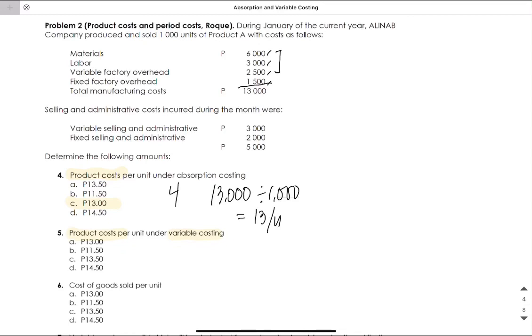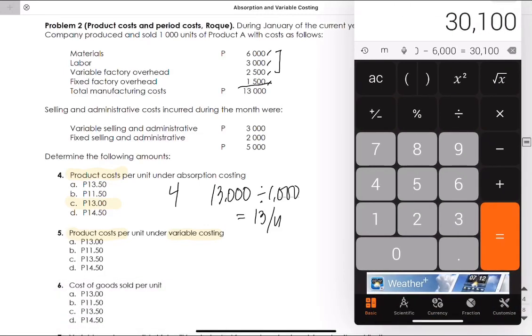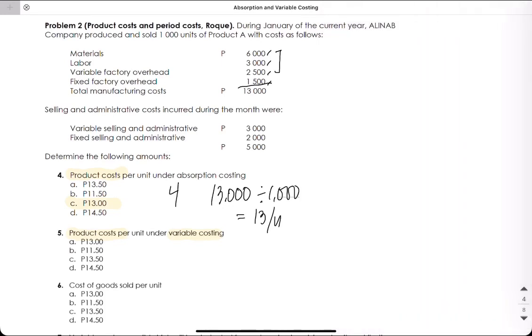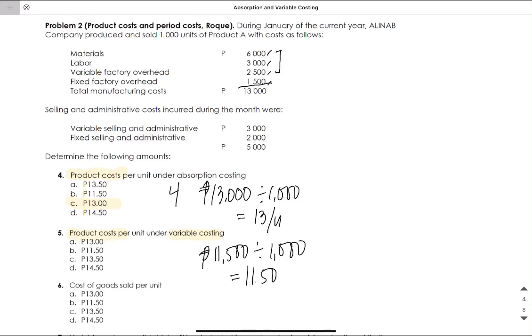So these 3 only. 6,000 plus 3,000 plus 2,500, we have 11,500. So 11,500 divided by 1,000 again, we have 11.5, definitely. So the answer would be letter B, 11.5.